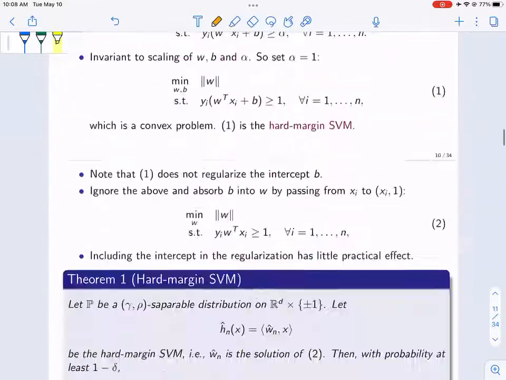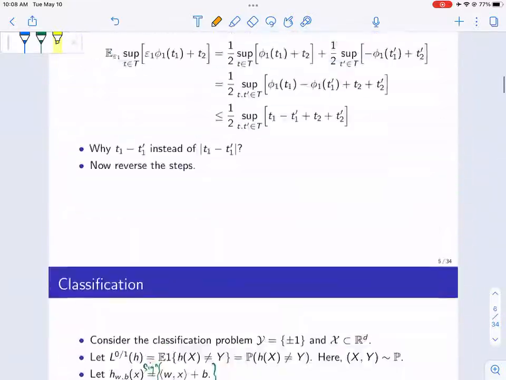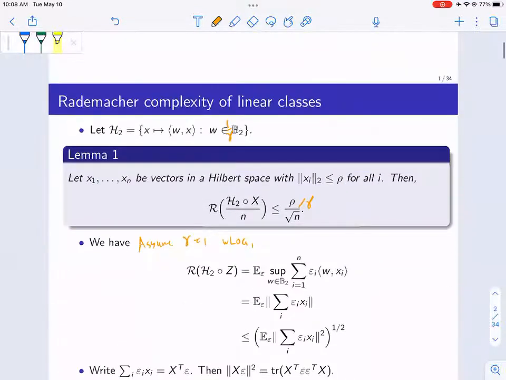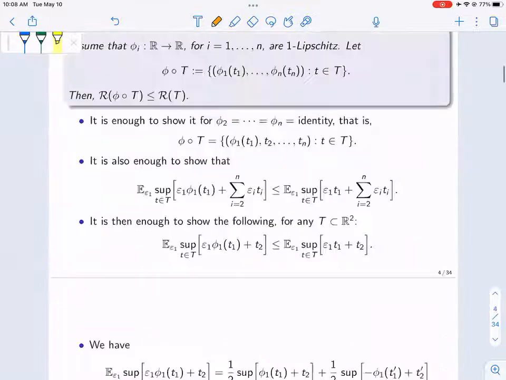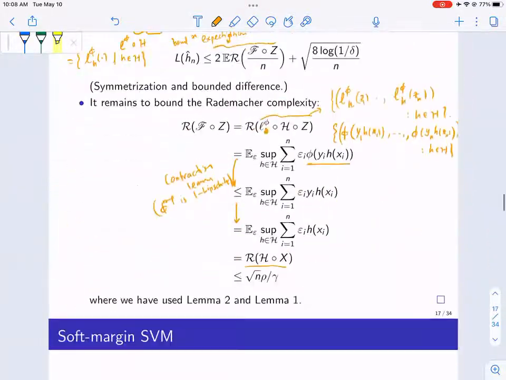So if you recall, let's say R, basically H2OX is just rho over gamma root n. If you multiply by n, that's what we showed. And so that's what I'm going to use here. So you get root n gamma over n, and then there's a factor of n here that I sort of discarded.